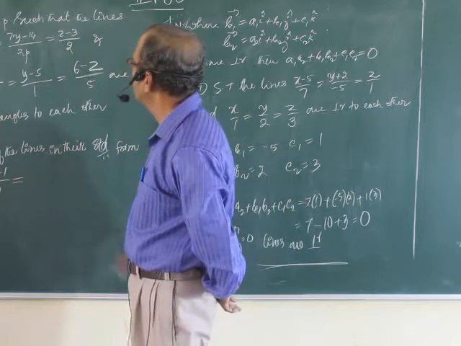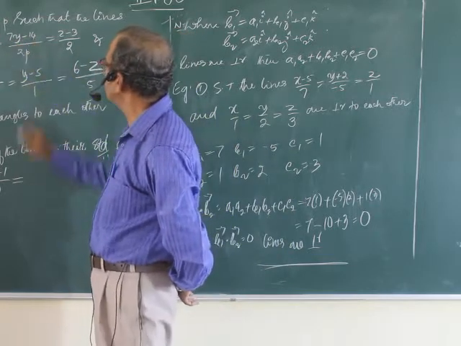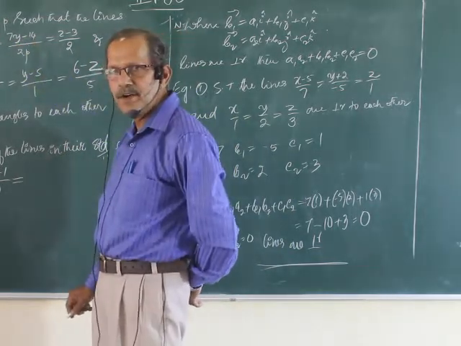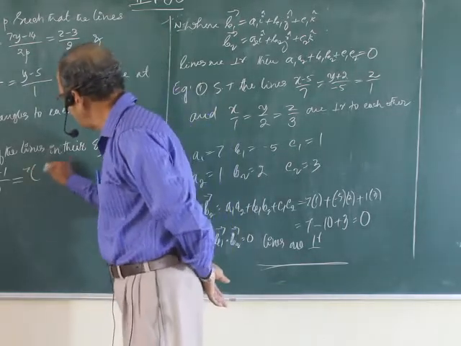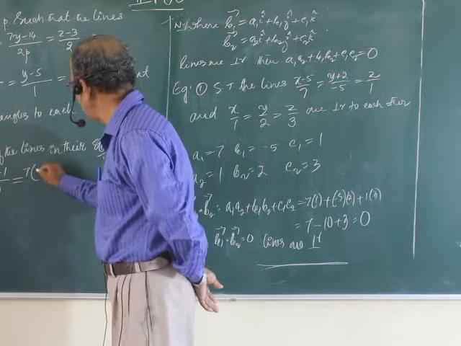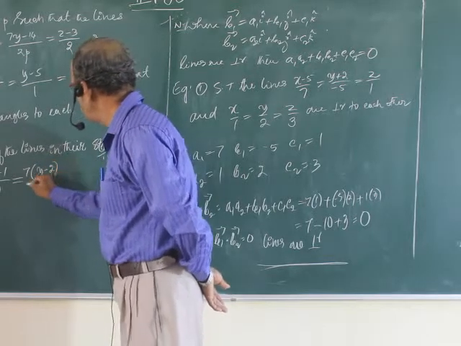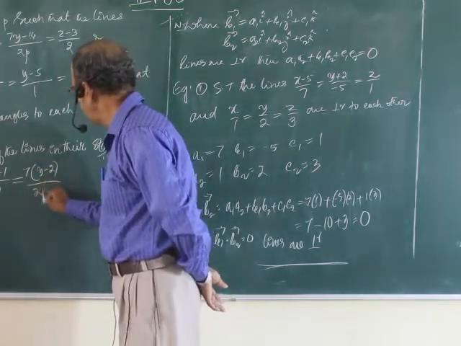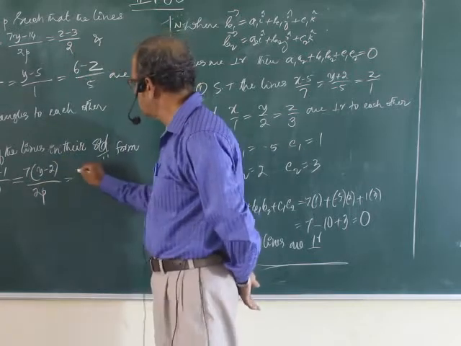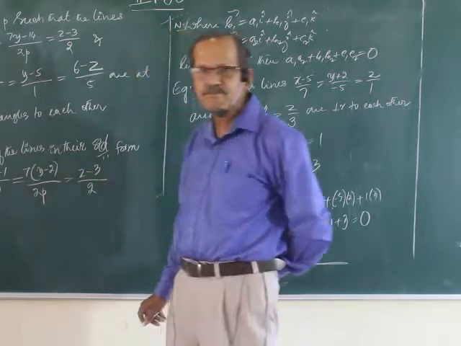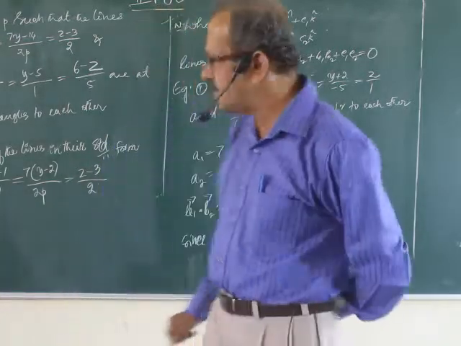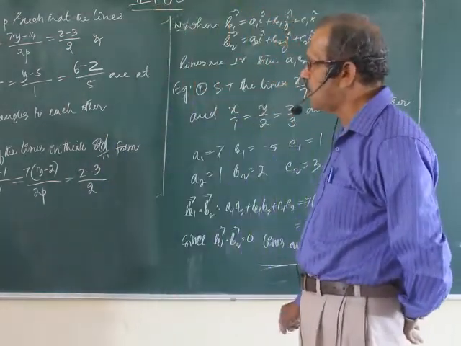Equal to 7y minus 14. You must not have 7y, you must have y only. So 7 into (y minus 2) divided by 2p. Z minus 3, correct, divided by 2. Even then the standard form is not over. Why?